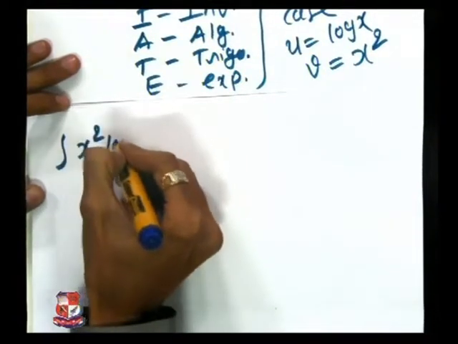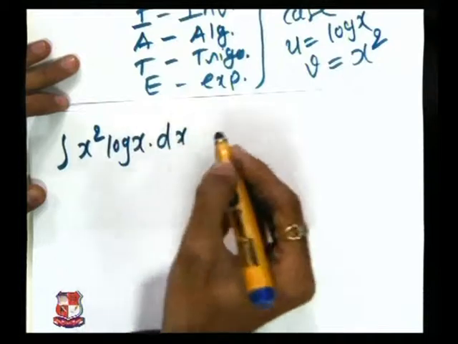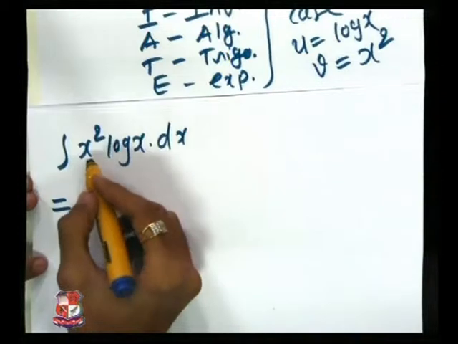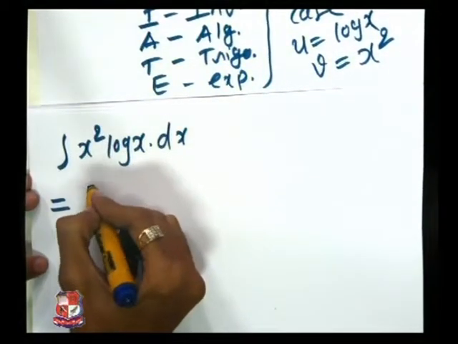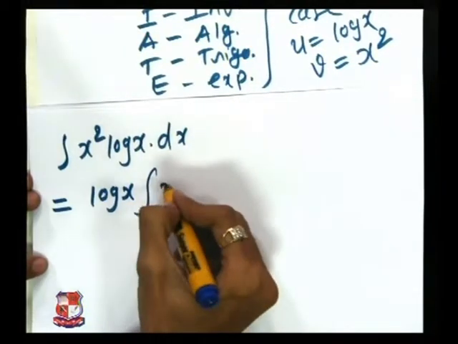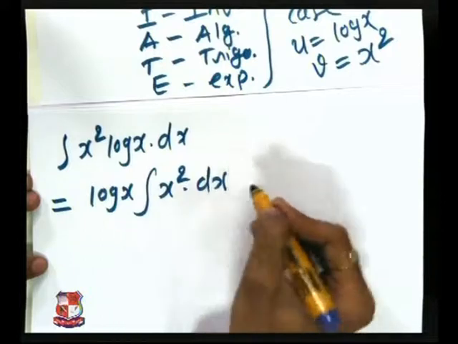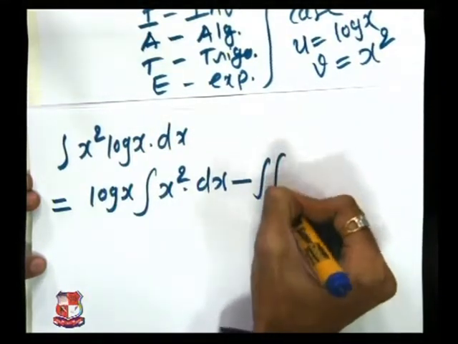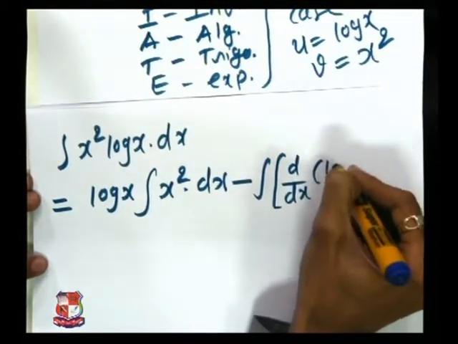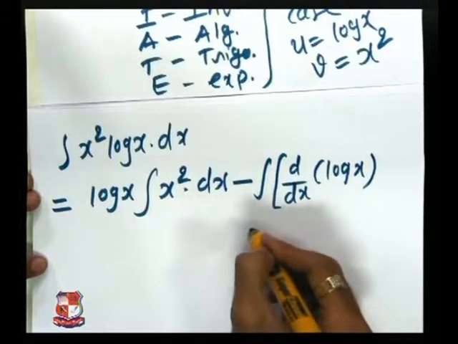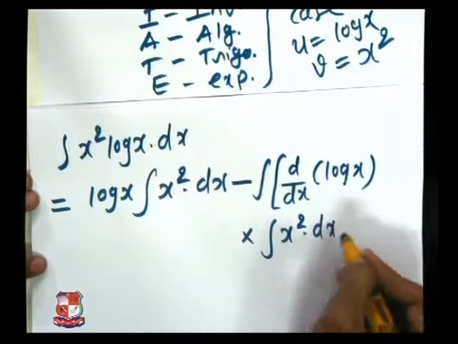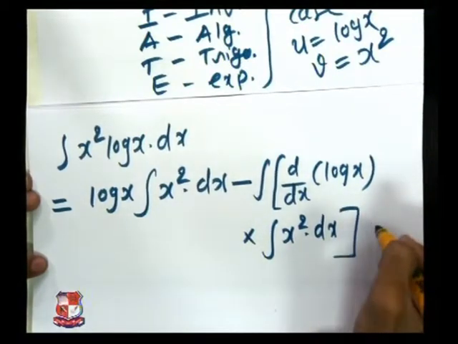Integration of x square into log x into dx is equal to, here u is equal to log x, so u integration v dx, that is integration x square dx, minus integration into bracket differentiation, that is d by dx of log x into integration of v dx into dx.